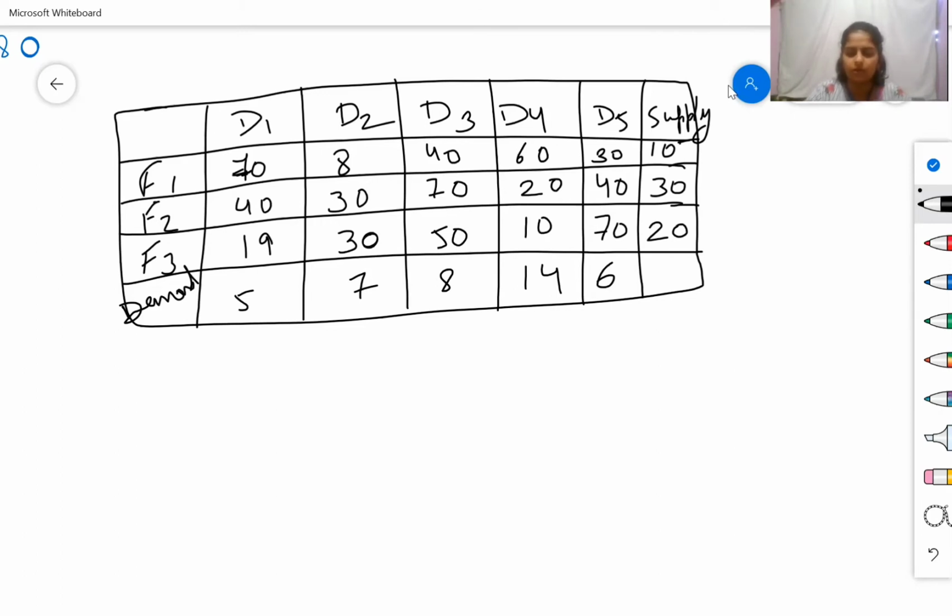Now the first step is we have to check whether demand is equal to supply or not. Then only we will proceed with the answer.